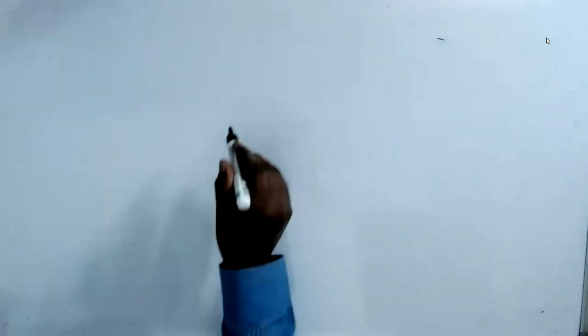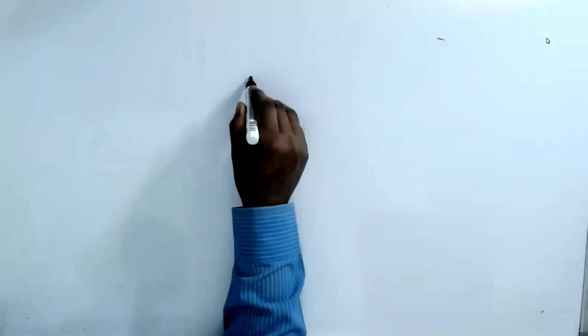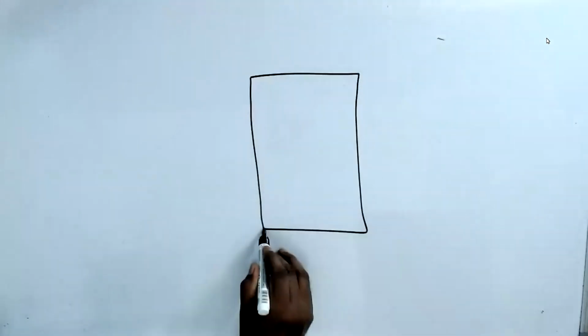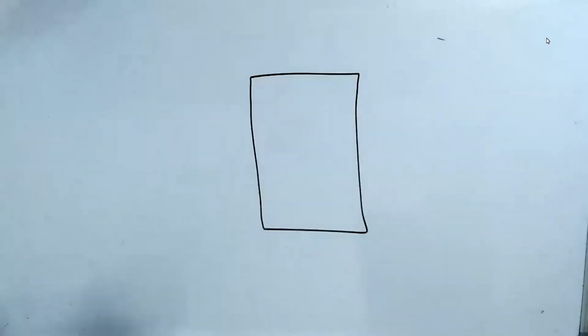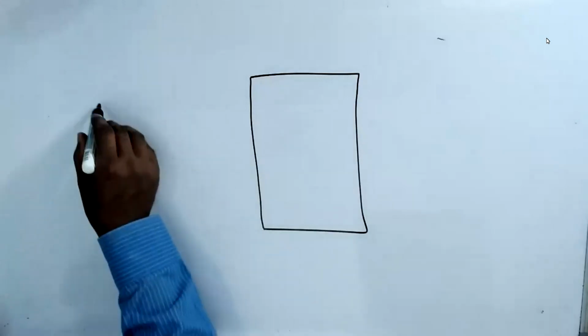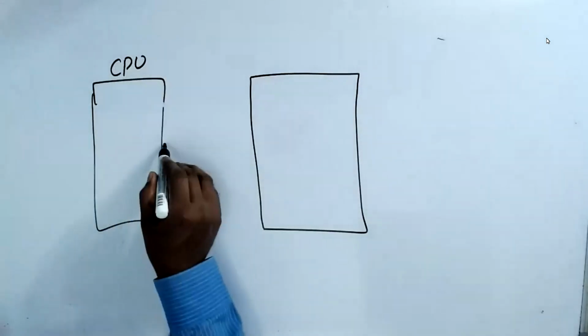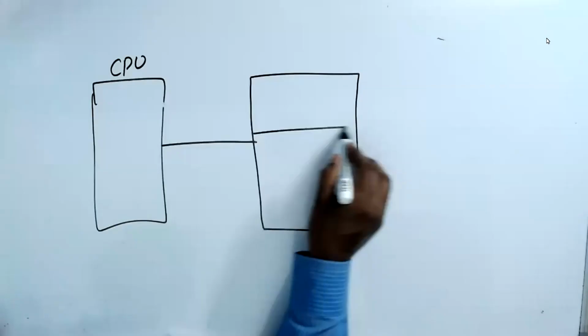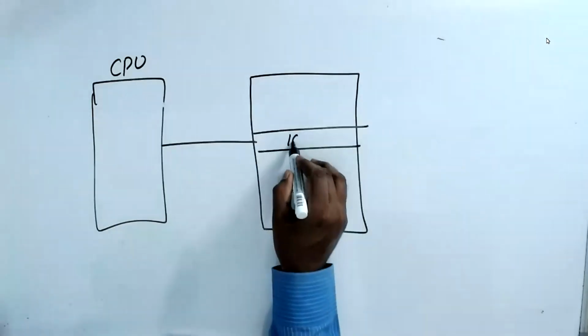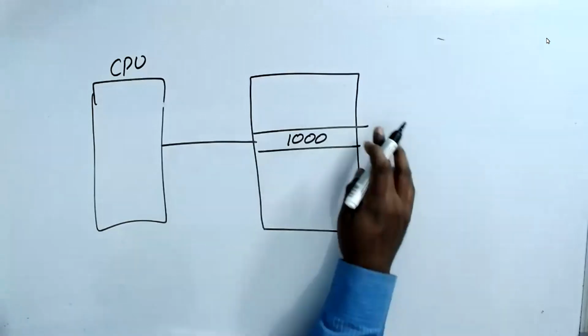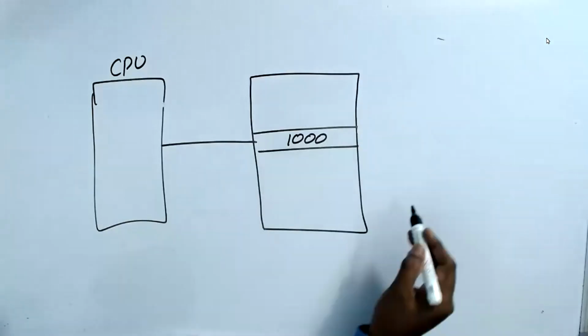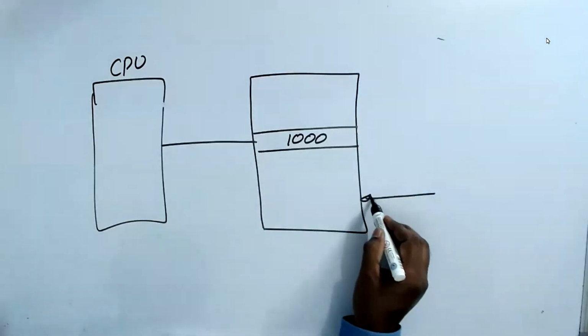I have a controller, and I, as a CPU, write a value to the controller, let us say 1000. Then I give a clock from outside.